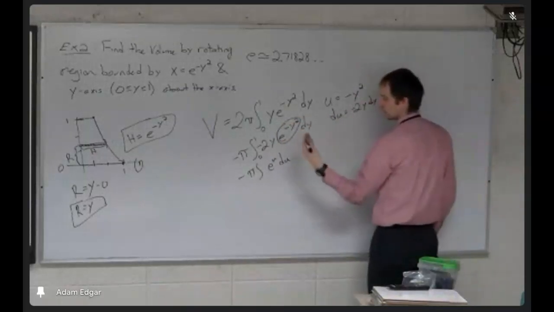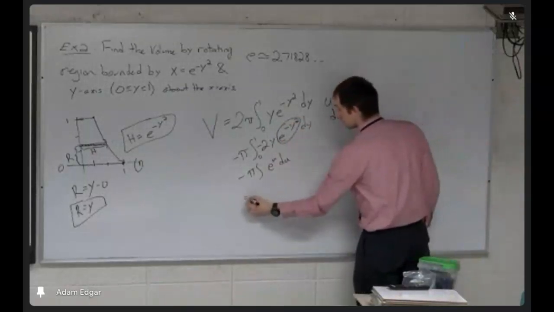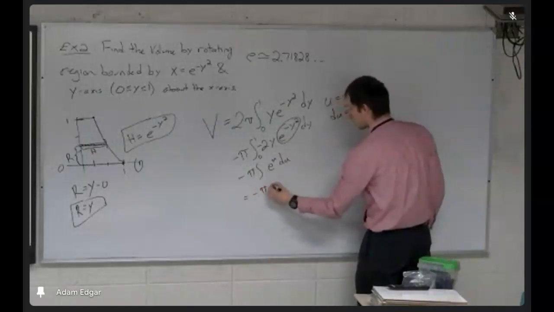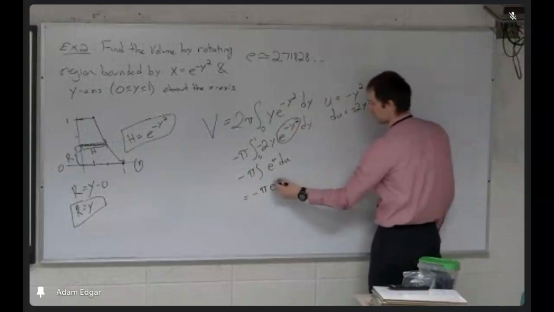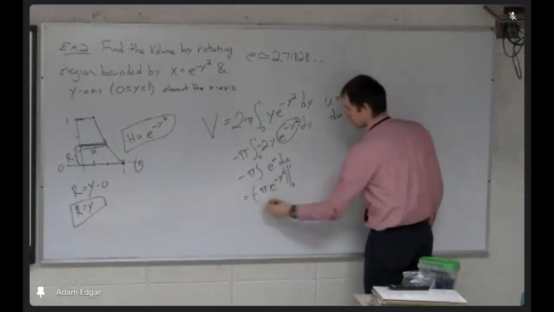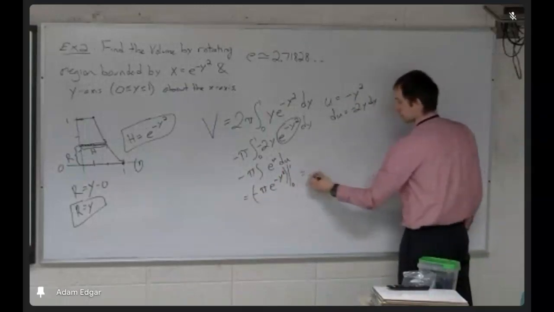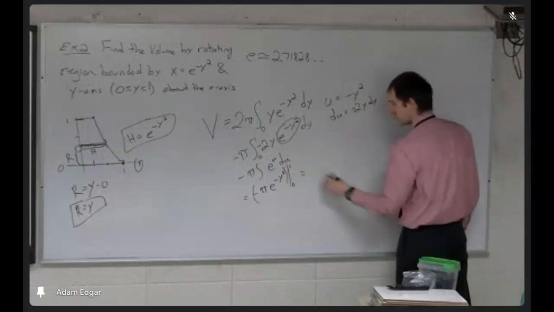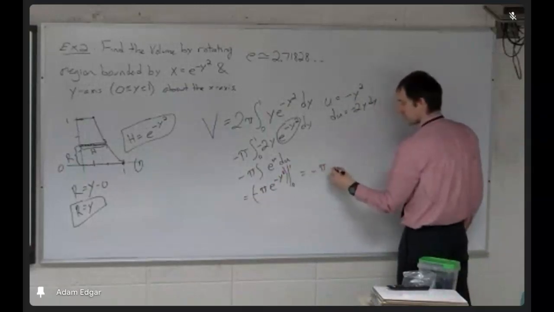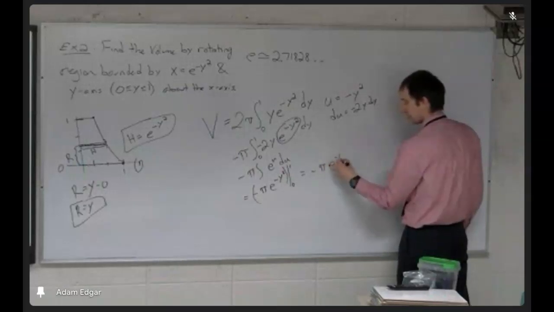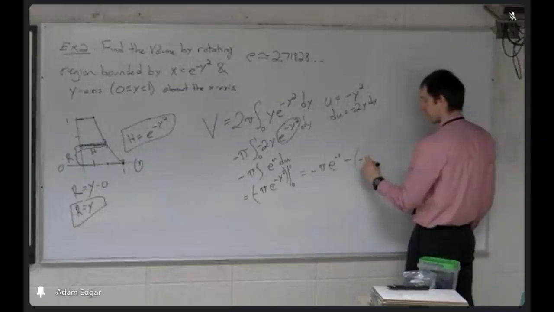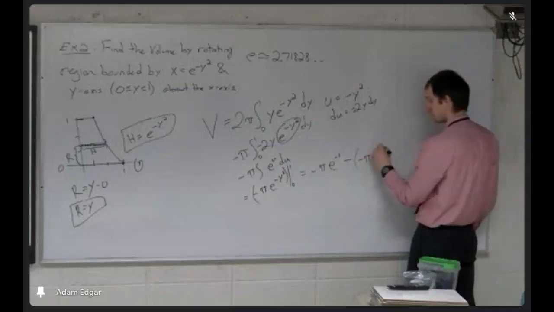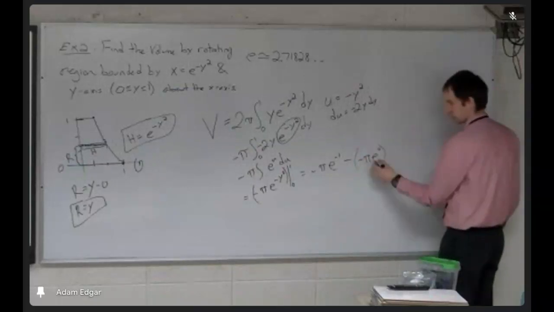What's the integral of e to the u? E to the u, so we have negative pi e to the u. Maybe switch back to negative y squared. And we're going from 0 to 1. So when you plug in 1, you get negative pi e to the negative 1. And then you subtract negative pi e to the 0, which is just 1.